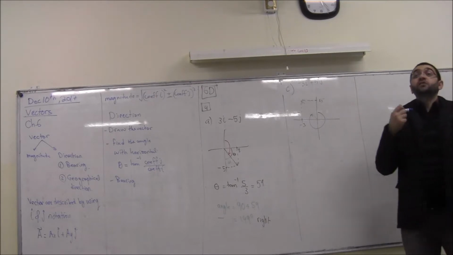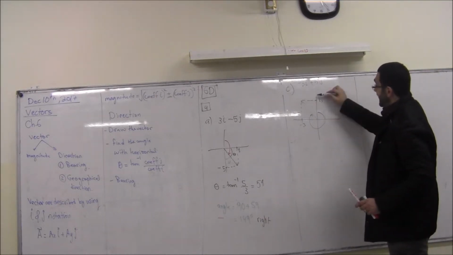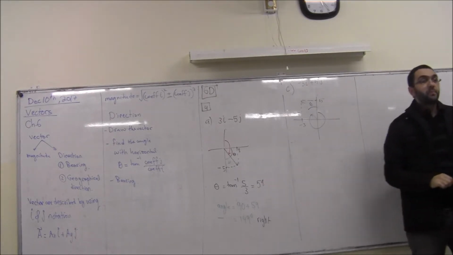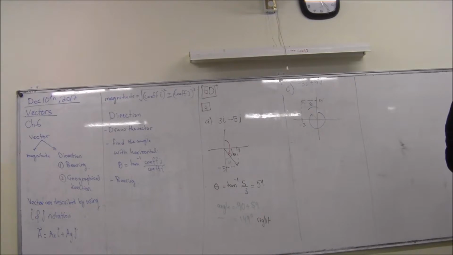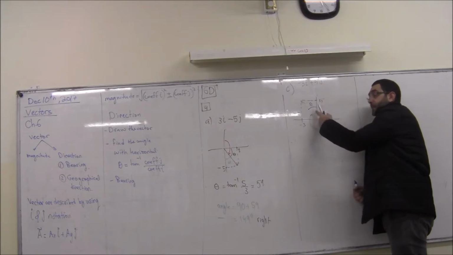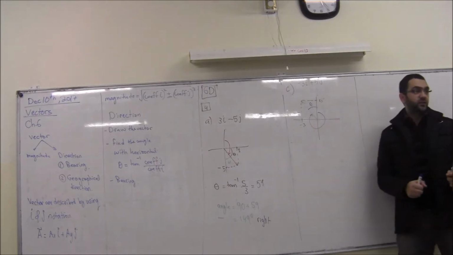If we are asked about the angle between the positive y-axis and the vector, this is the angle that we have to find. You got my point? Again, this is the angle enclosed between positive y and the desired vector.